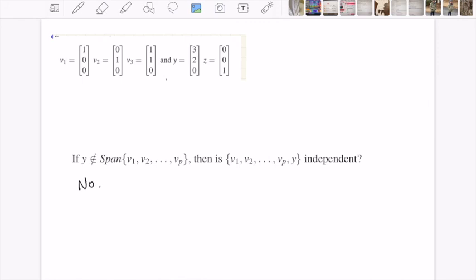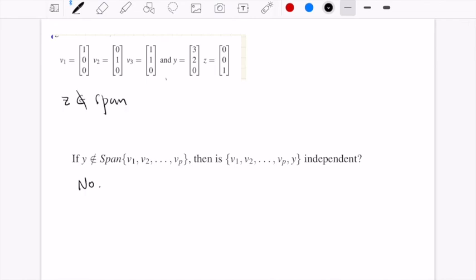So here we can see that we have proved that z is not in span of v1, v2, v3. However, we have seen that v1, v2, v3, and if you put z together, then it is dependent. Why?